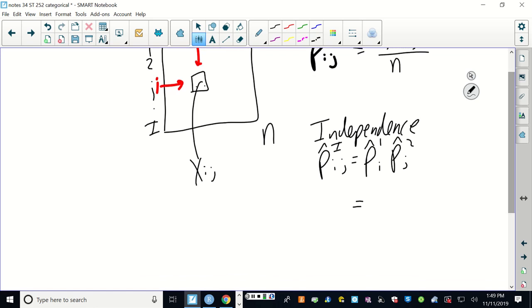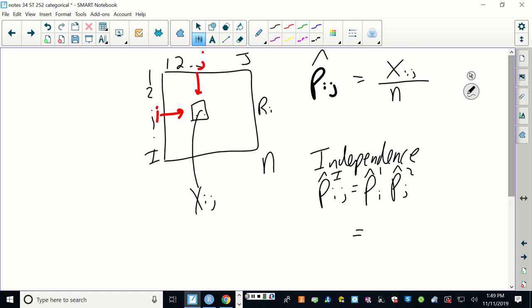Well, how would we estimate that we're in this row? If you add all the counts over this row, let's say that's the row total. If we add all the counts across this, R1, R2, R sub I, we have the number that are in that row. So to estimate the proportion in that row, we take the number that are in that row versus the sample size. So we're going to have Ri over N, right? That's the first estimate there.